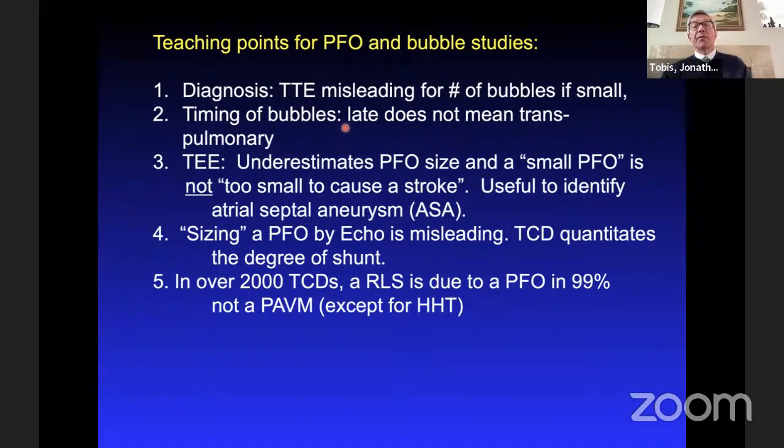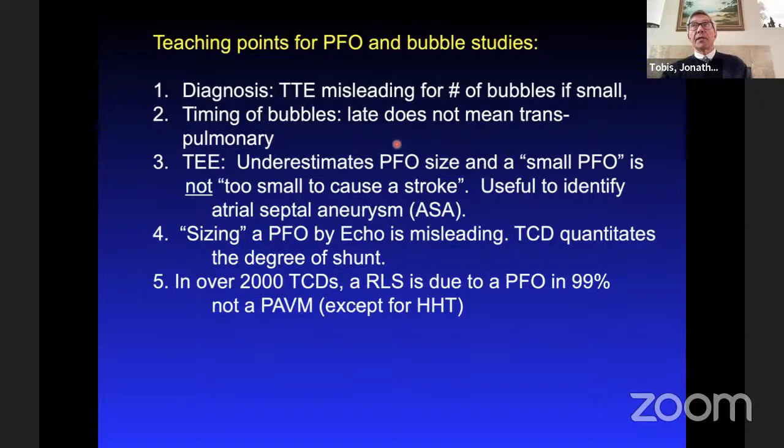That means that it's going through the lungs and not through the PFO. And that's completely false. It just depends when the bubbles go up to the superior aspect of the atrial septum so that they can then go across the PFO. So late bubbles do not mean transpulmonary. It's usually a PFO.